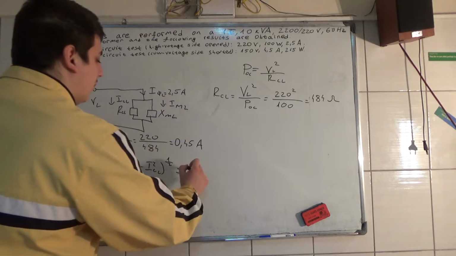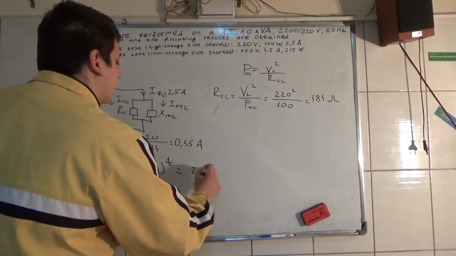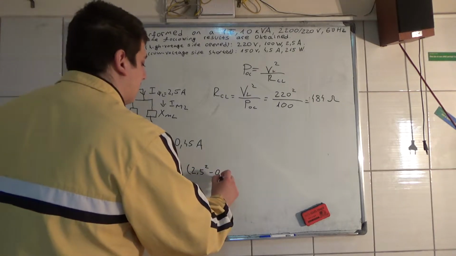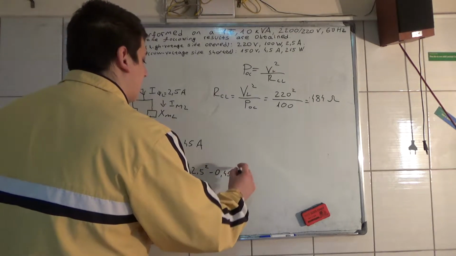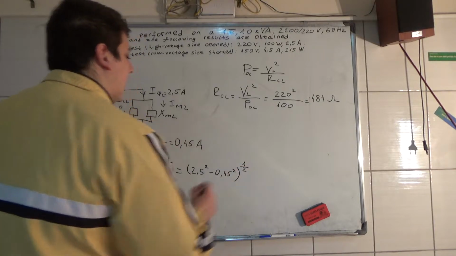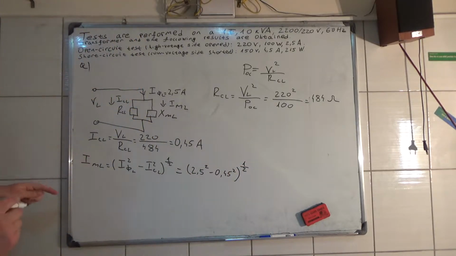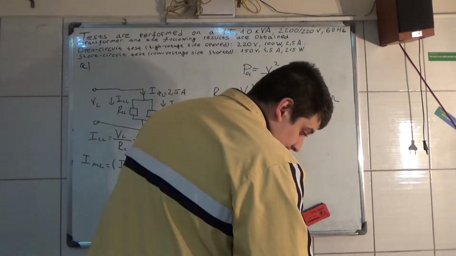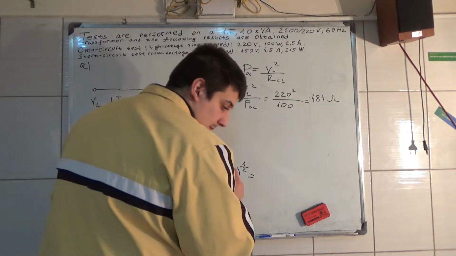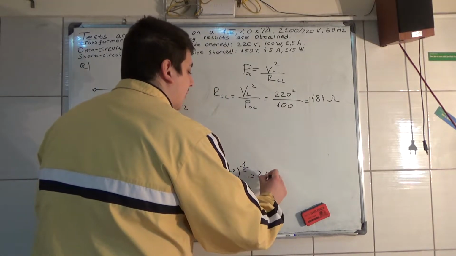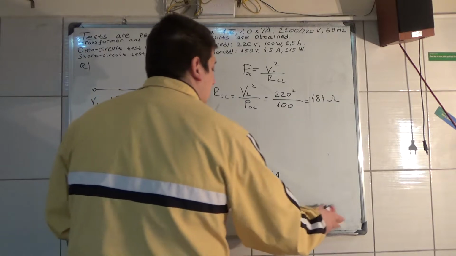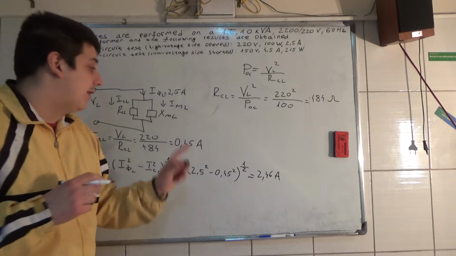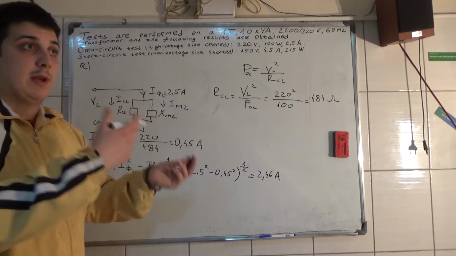Then we have 2.5 squared minus 0.45 squared, all to the power 1/2, and that is equal to 2.46 amperes. So this is the magnetizing current that magnetizes the magnetic circuit.